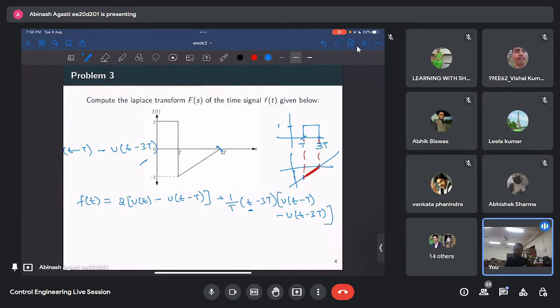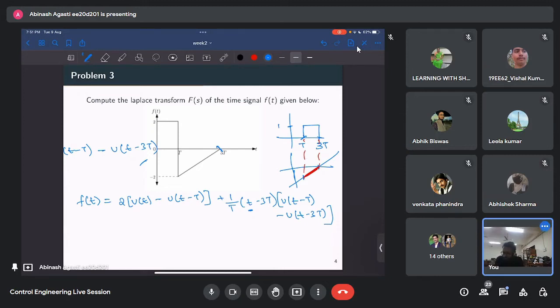So this function we can now decompose, taking the Laplace transform very easily, because it is just a linear combination of very commonly known functions that we have direct formulas for.